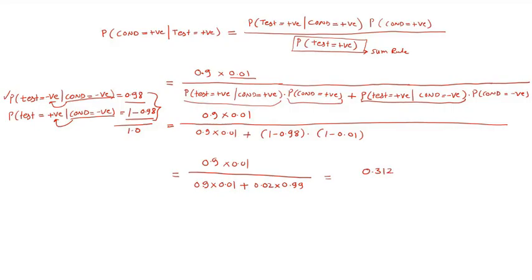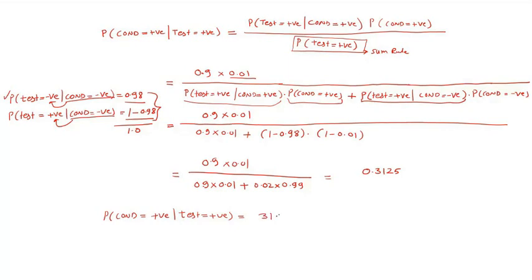0.3125. So what we have calculated is the probability that condition is positive when test is positive. So how much is the chance of getting the true result?